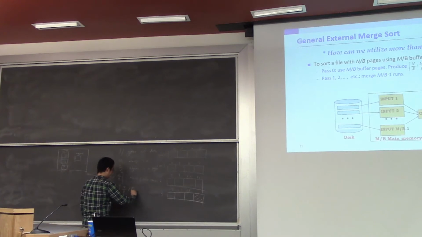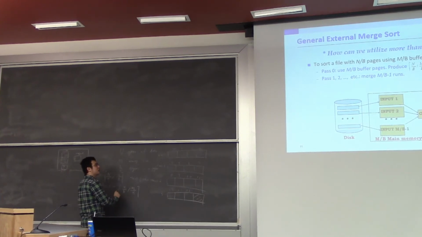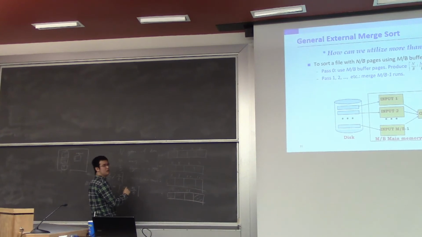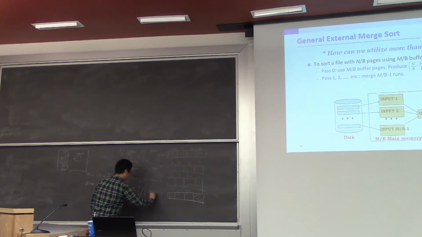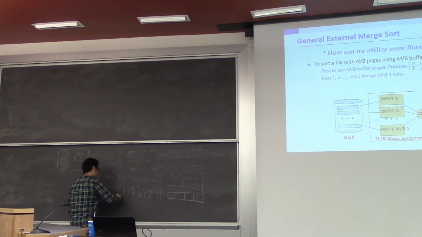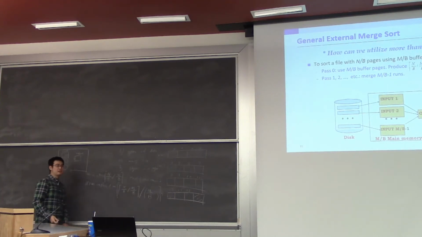And in pass 1, you merge m over b minus 1 of them at a time. So it will be divided by m over b minus 1, and you take the ceiling of it. That's the result, right?